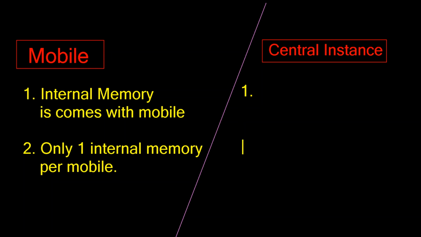The second point is that the central instance is only one. Out of 100 instances, the central instance is only one. The remaining 99 instances are dialog instances only. I think you understood this general example.